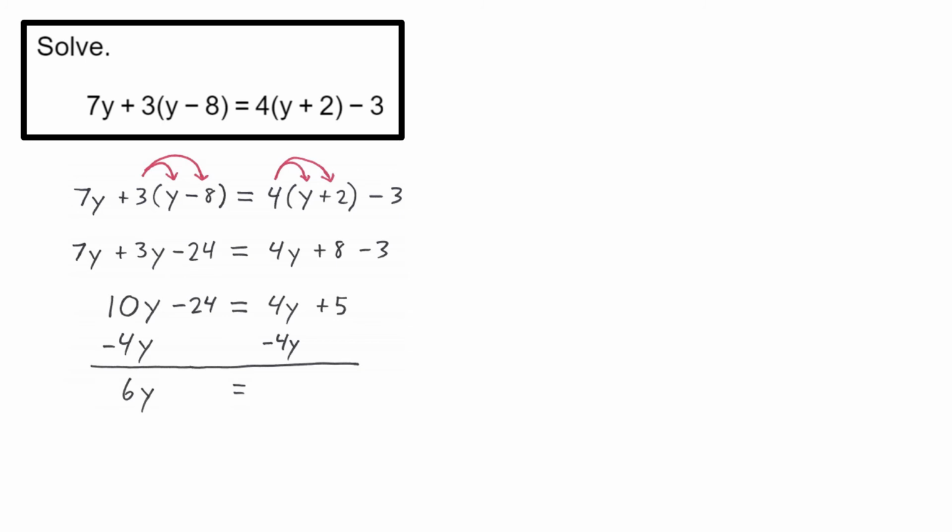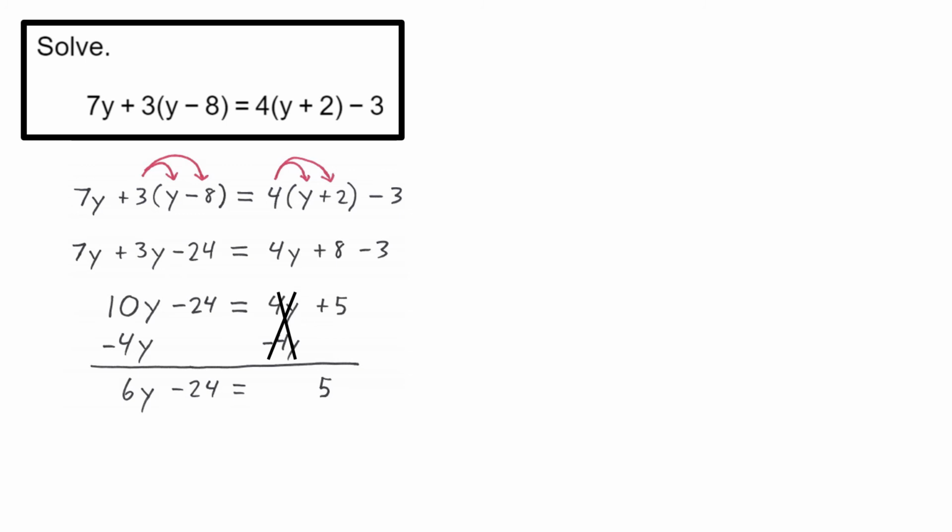We bring down the negative 24. And on the right side, 4y minus 4y is 0. But we usually just say that they cancel. And then we can bring down the positive 5. Because it's positive, we don't have to write the plus.